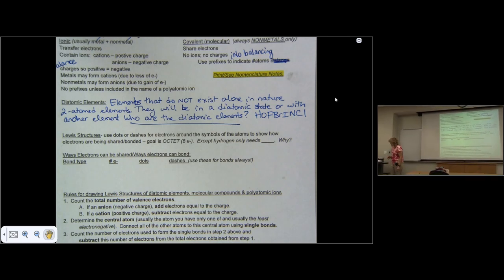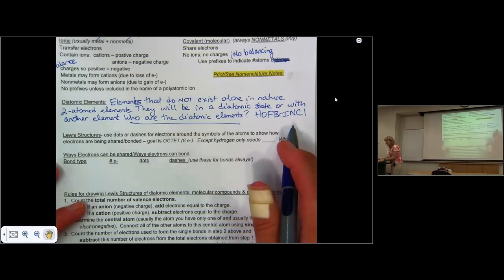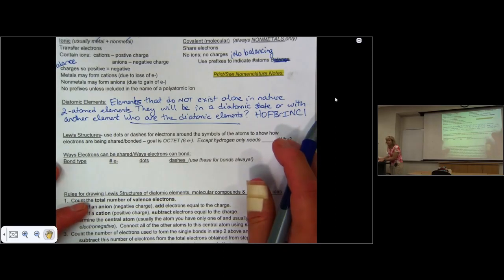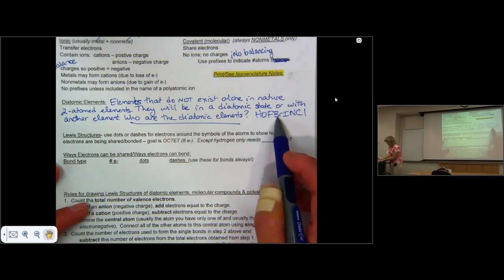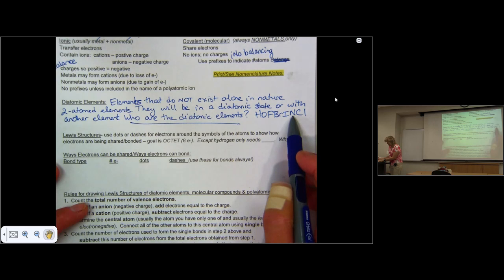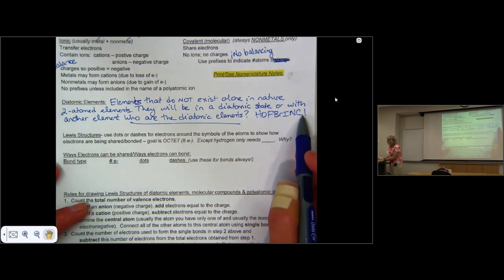Now, if you can't remember Hofbrinkel, which personally I don't see why you can't, I'm going to give you two other ways to know who the diatomic elements are. You can remember Hofbrinkel. Now, some of you are like, what's Hofbrinkel? Let's go back there for a minute. Okay.